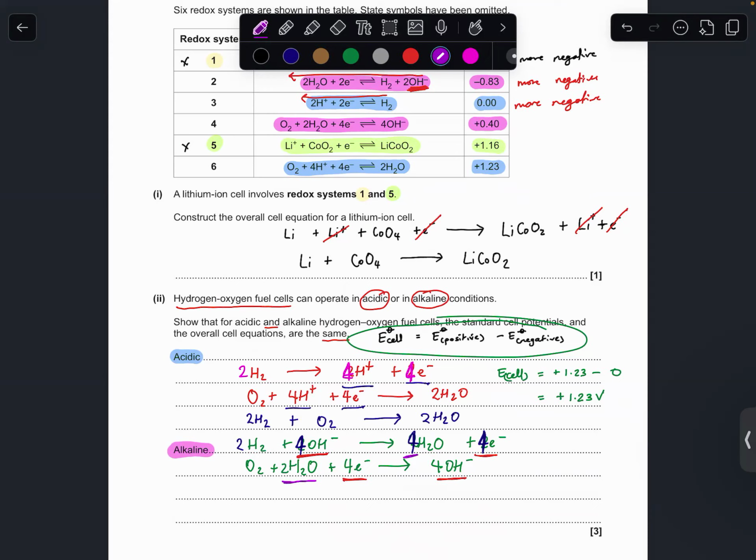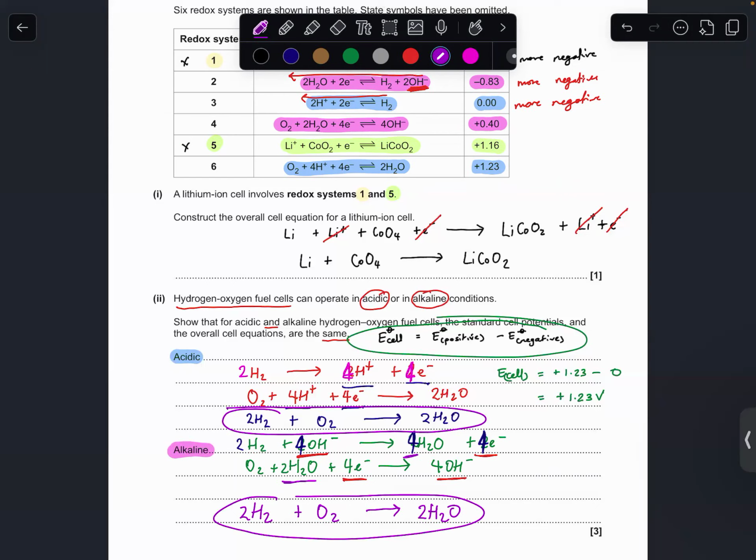And so what the overall equation will be is 2H2 plus O2 goes on to give you not 4 waters, but 2H2O, because 2 cancelled out from here. Ladies and gentlemen, you'll notice that this overall equation and this overall equation is the same, irrespective of whether it's under acidic conditions or alkaline conditions.